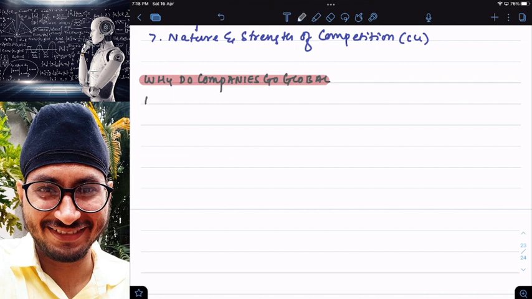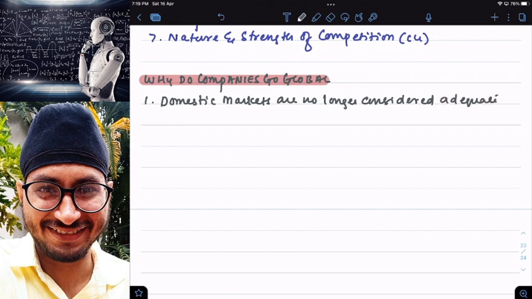So there are many reasons. Reason number 1: domestic markets are no longer considered adequate. Means I feel that I'm producing more number of goods. My quantity of production is very high. Let us say for example India.